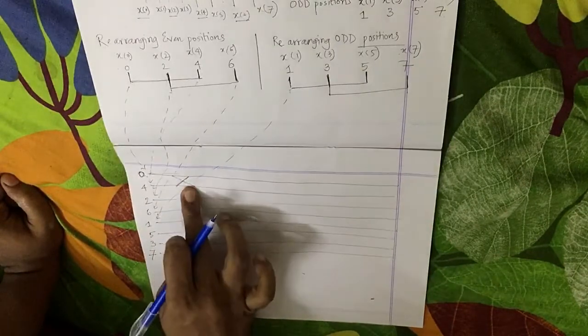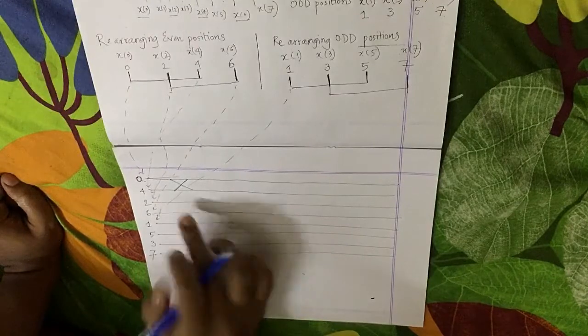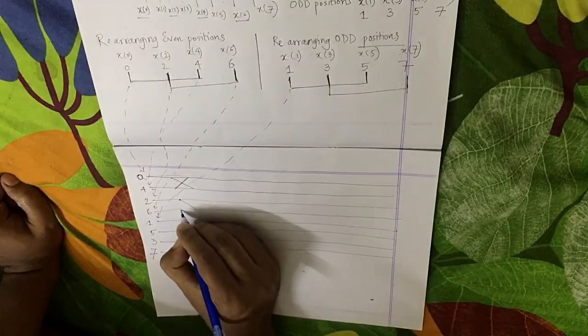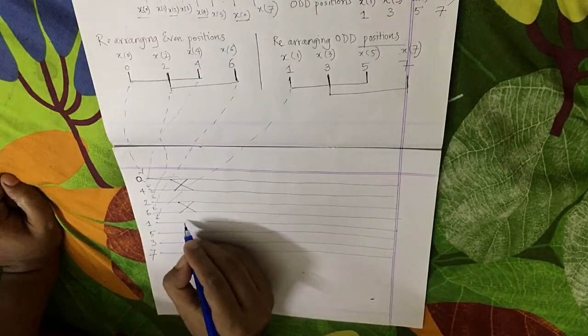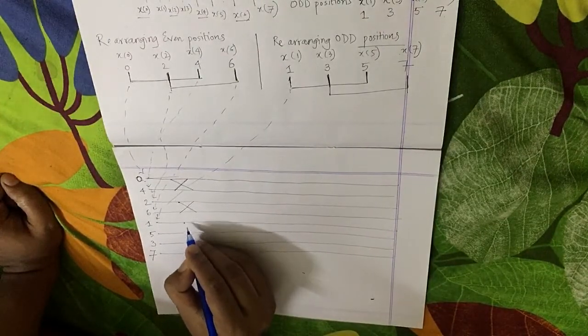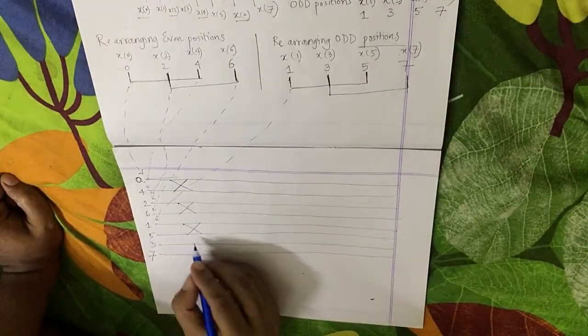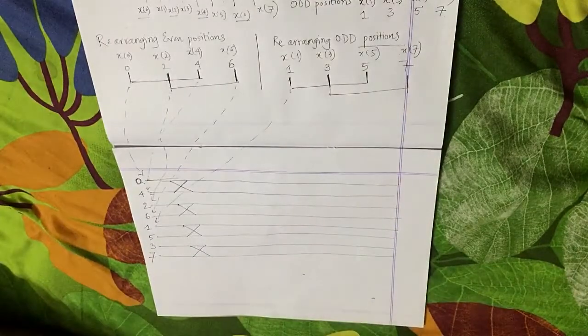Once we have drawn a line like this, we need to keep one line vacant and start from this one again, like this. We keep another line vacant and then start like this. Again keeping one line vacant and then start from this. It goes like this, right?